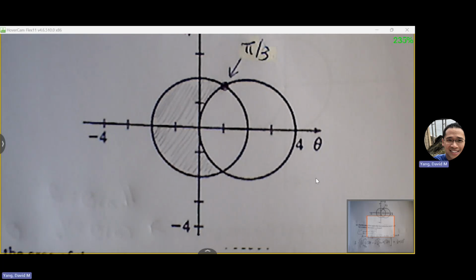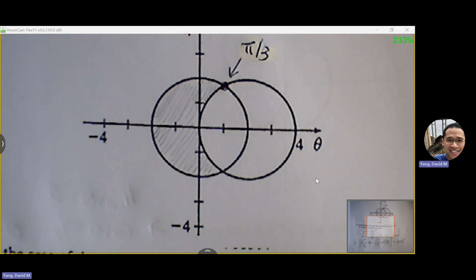So are we in agreement that what I have in green is that shaded region there? Now I want to subtract out this region that is touching the other circle.